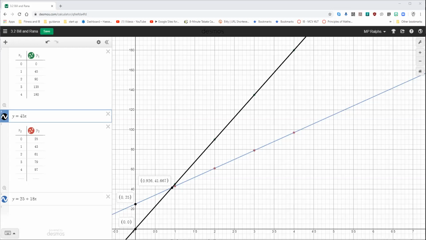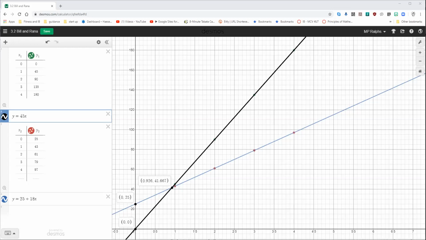Because both lines intersect at the same point, that point is actually on both graphs, which means that if you hired Bill to repair your computer, he would charge roughly $41.67 after 0.926 hours of work.